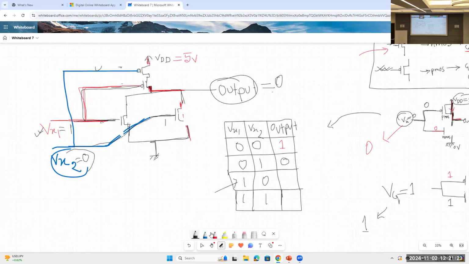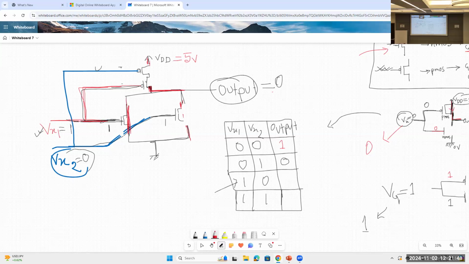Let's analyze VX1 first. VX1 is 1, and it is coming to this NMOS and this PMOS. If the NMOS gets 1, it will be connected, right? So this will be connected.